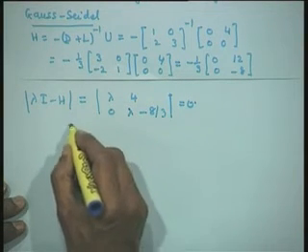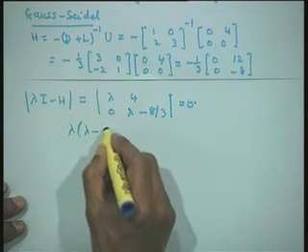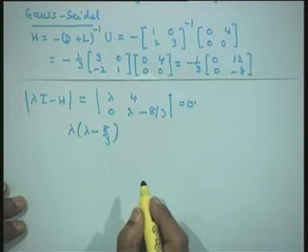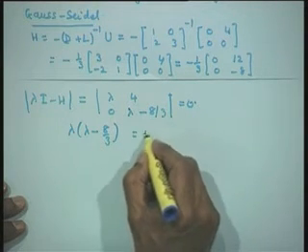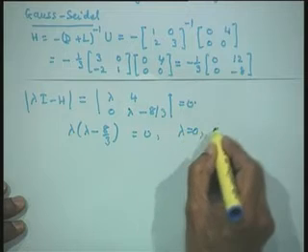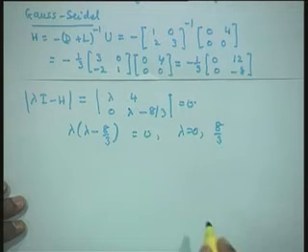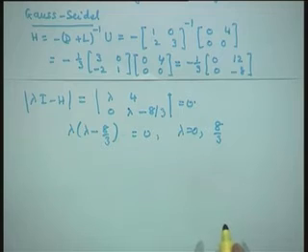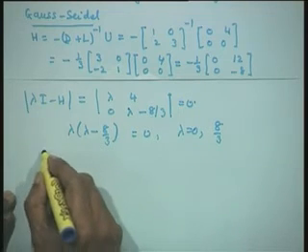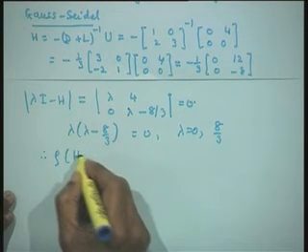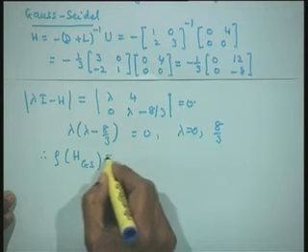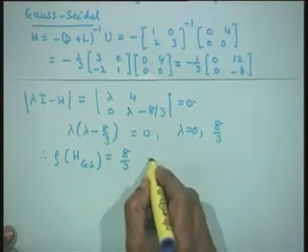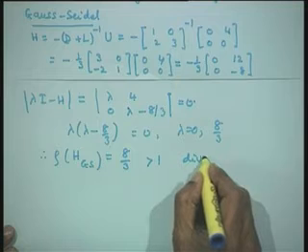Therefore, this gives you lambda into lambda minus 8 by 3. Therefore, lambda is equal to 0 and 8 by 3, and therefore, the spectral radius of Gauss Seidel is 8 by 3. Therefore, it diverges.